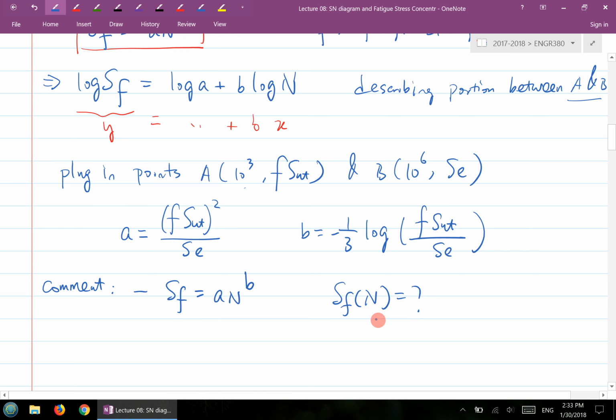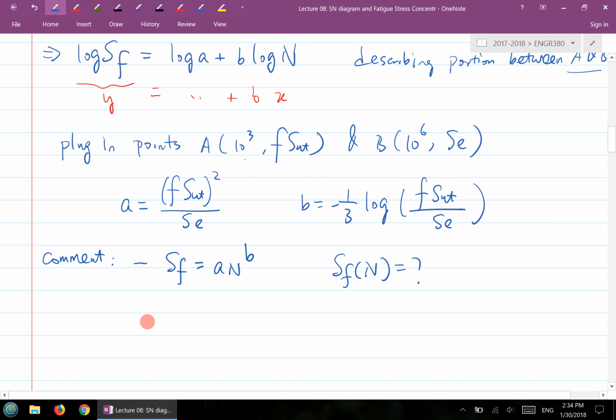You plug in a number of cycles here, and you get the fatigue strength with the formula A times N to the power of B, with A and B as given. That could be the first interpretation of this formula.